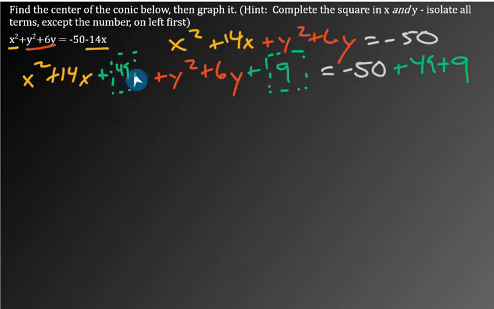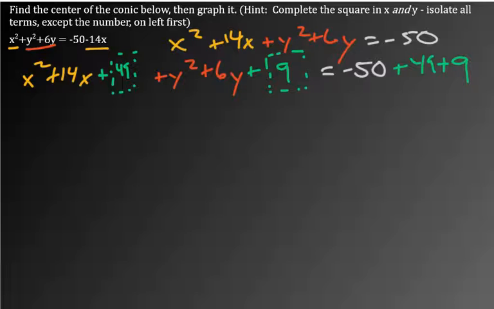We're adding this 49 because 14 divided by 2 is 7, and then squared is 49, and the 9 is being added because 6 divided by 2 is 3, and 3 squared is 9. And we add these so we basically don't change anything. If we're adding something to the left side of an equation, we just have to add something to the right to balance everything out. So this is the exact same thing as this, but now you have the nice result where everything's going to factor.